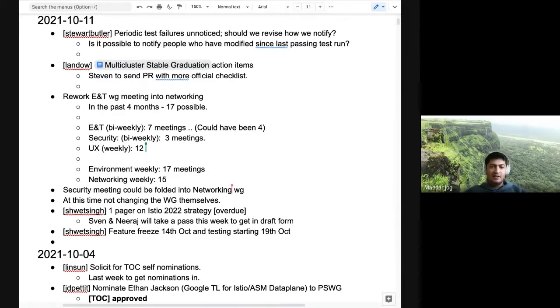Actually, I cannot speak for security, so I hope someone from security says something here. But for ENT, there is slightly less than before for sure, and the kinds of work that is there is now even more closely tied with networking.